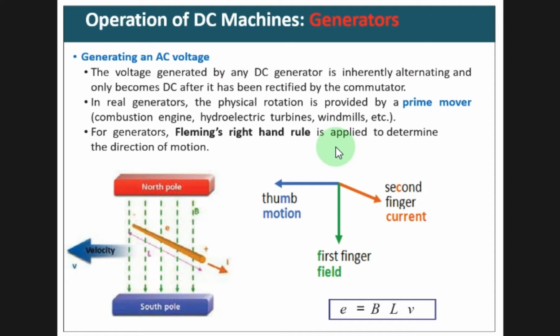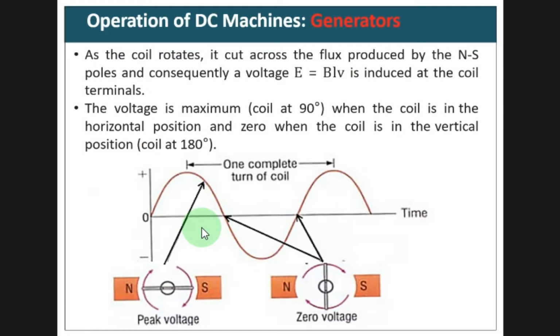And if you look at the generator in more detail, when the coil is rotating, it cuts the magnetic flux produced by the field poles, and consequently the EMF will be generated in the coil, which is equal to BLV. That means the EMF generated is proportionate to the strength of the magnetic field, the length of the conductor, and the speed of the movement.